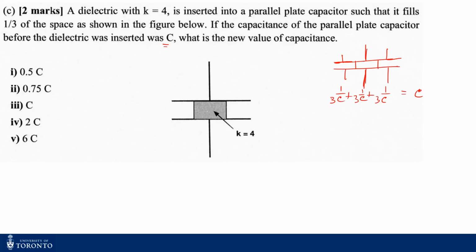Now, you have placed a dielectric in one of the portions, so therefore the new capacitance will be 1 by 3 C for the left one, plus K times 1 by 3 C, so that's like 4 by 3 C, for the middle one, right? And for the right hand capacitor, it's also 1 by 3 C. So when you sum them up, you will get a new capacitance of 2C. So therefore, option number 4 is the correct option.